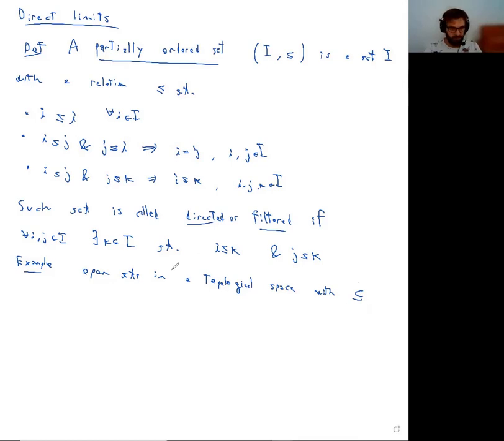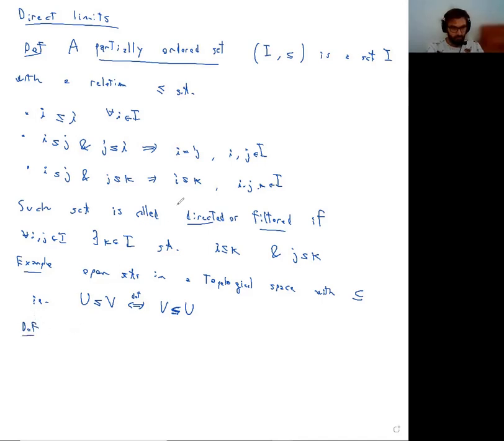But not in the usual sense: what it means is that U is less or equal than V if and only if V is contained in U. So kind of reversed. Okay, because here you can simply take this k, this filtered part, to just be the intersection of the set corresponding to i and the one corresponding to j.